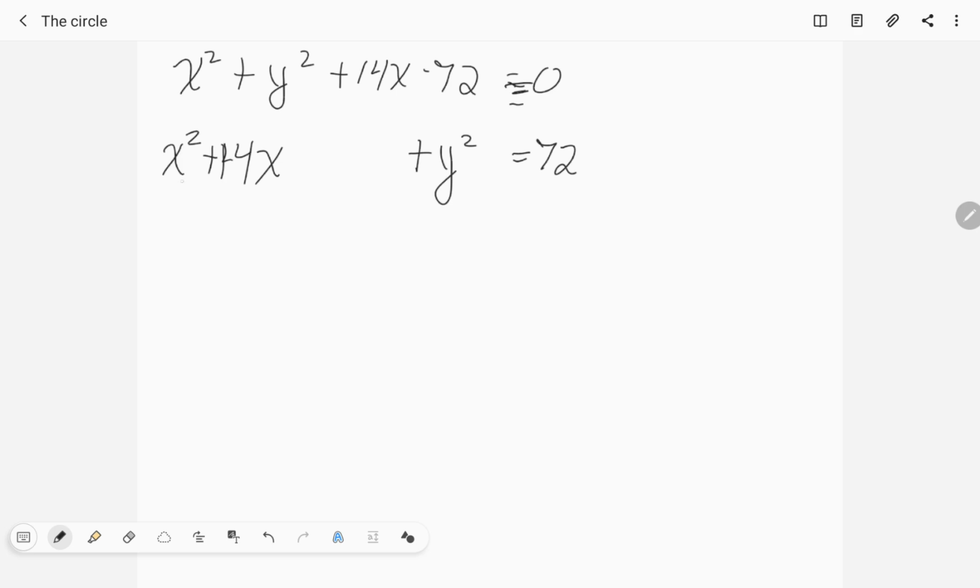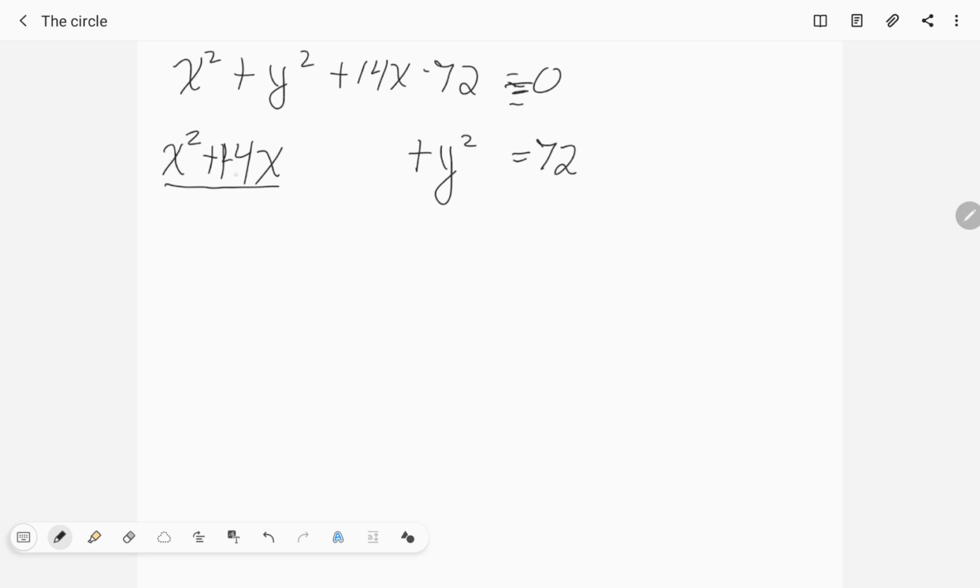All right, so this is sort of the beginning of a trinomial. I need the end of that trinomial, and I need it to be a perfect square trinomial. To create a perfect square trinomial, you have to complete the square. Take whatever's in front of the x, divide it by 2, and square it.